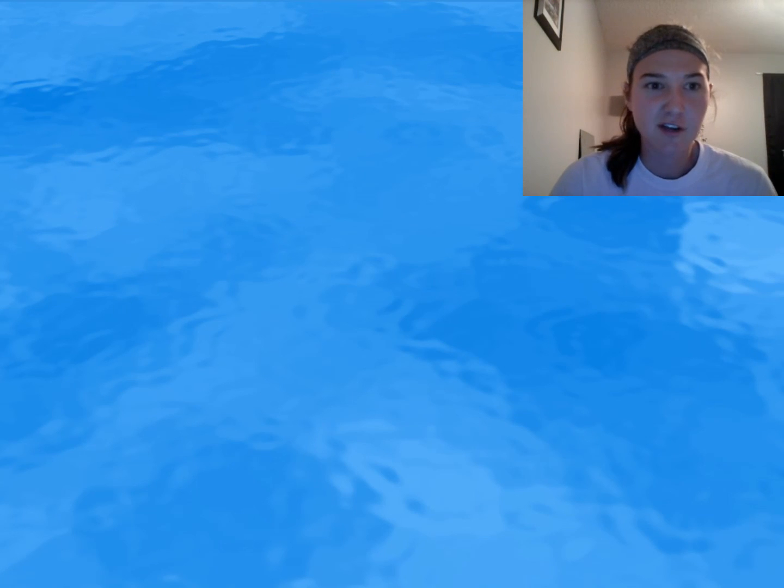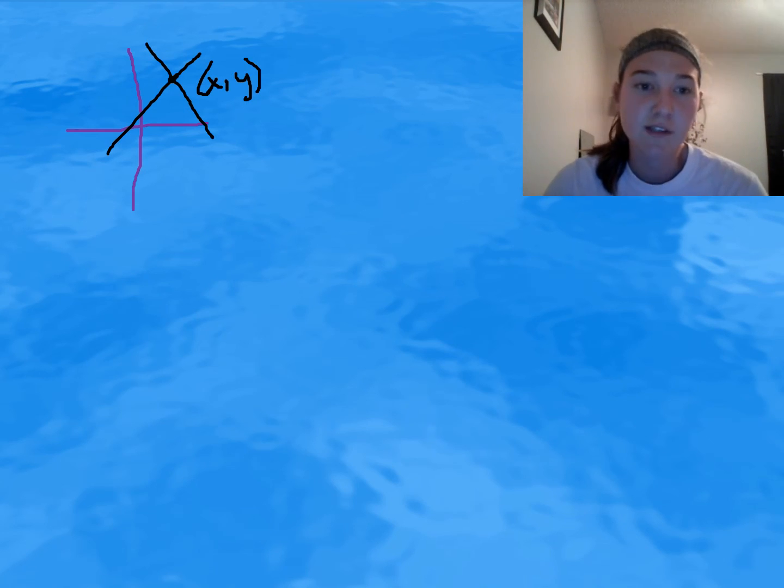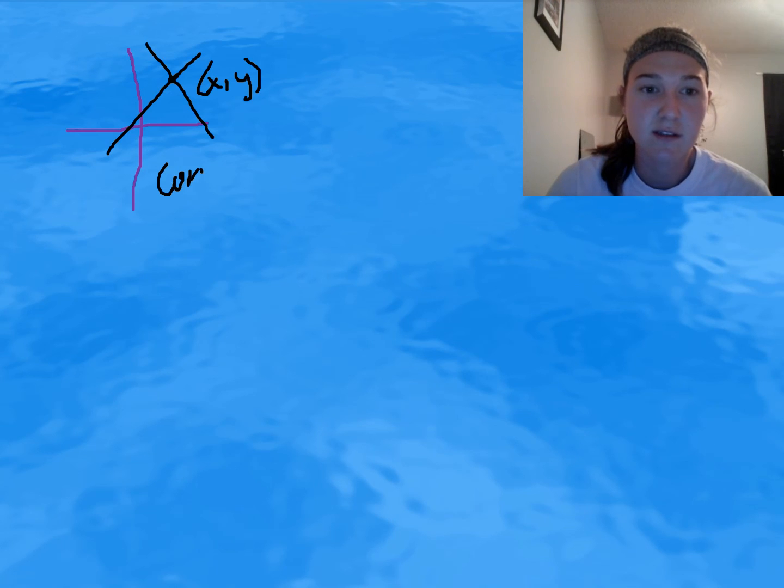All right, so just to review, if we have a system of two linear equations and we graph them, their intersection point is going to be their solution, and the solution is going to be a coordinate point (x, y). Okay, if there is one solution, the system is consistent, and it's also independent.